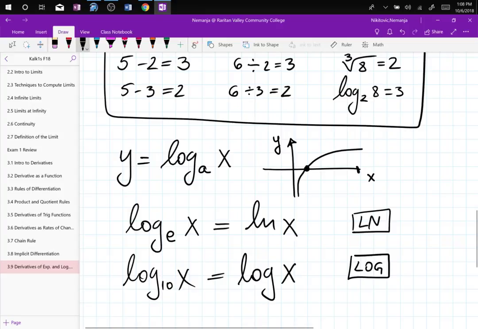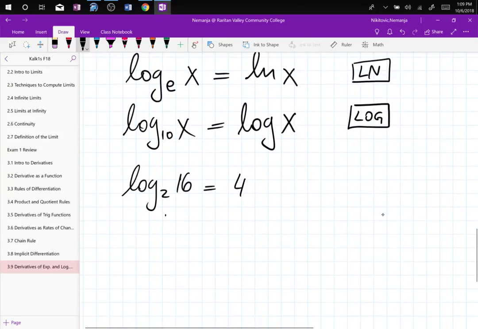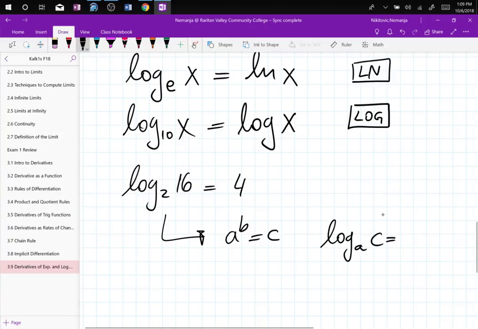So now, as you are looking at this, you can go and you can compute logs. You can say log base 2 of 16 is, and you can use rules and things. It's going to be 4. So it's a way to combine these things. Now, one of the ways to compute this is to use the conversion formula that a to the b equals c is log a of c equals b.